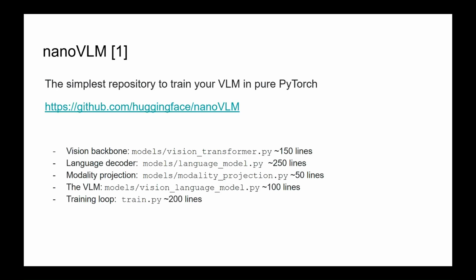Okay, so this new resource that I'm going to explain is nanoVLM, which is the simplest repository to train your vision language model in pure PyTorch. In total, it amounts to about 500 to 600 lines of code, where you combine your image processing capability and your text processing capability so that you can have a model that takes both image and text as inputs.